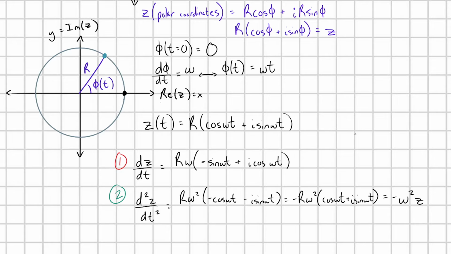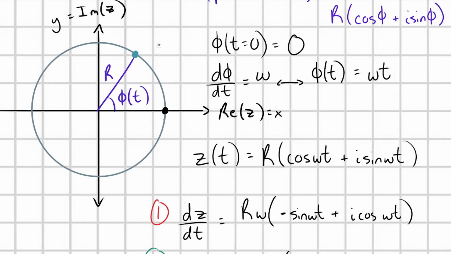And immediately following statement 1, we can conclude, with just a little bit of math, that the direction of my velocity is always going to be tangent to this circular path here.